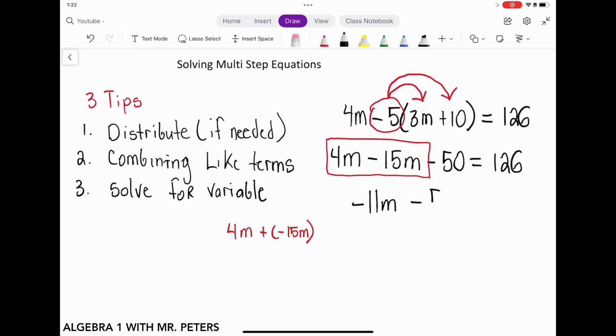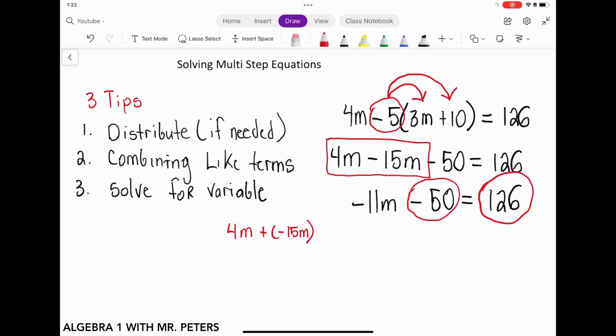Remember, at this step we're not done yet. I still have other like terms that I need to add, right? So -50 and 126. The difference now is they're on opposite sides of the equal sign, so adding them is a little bit different.